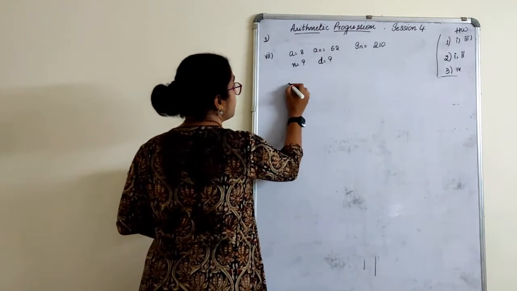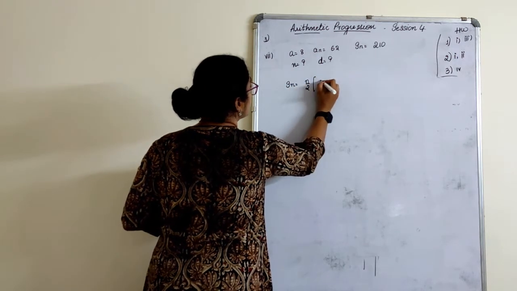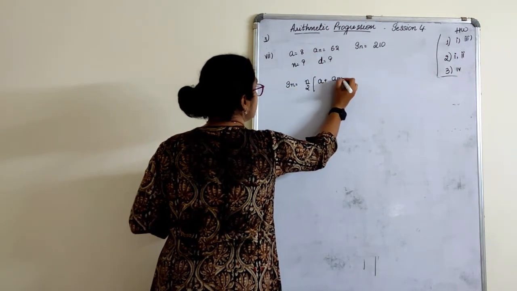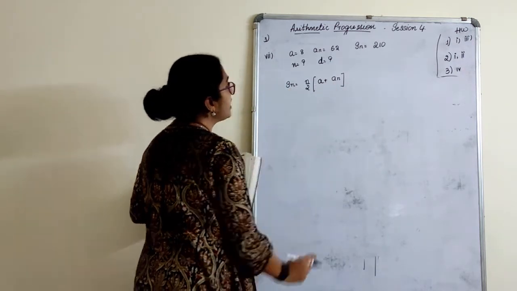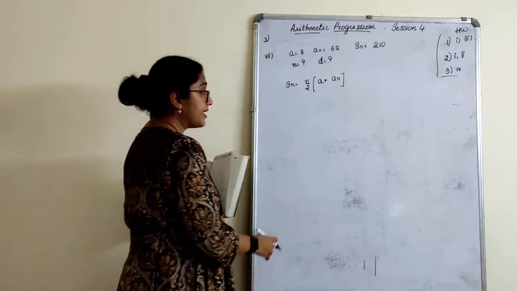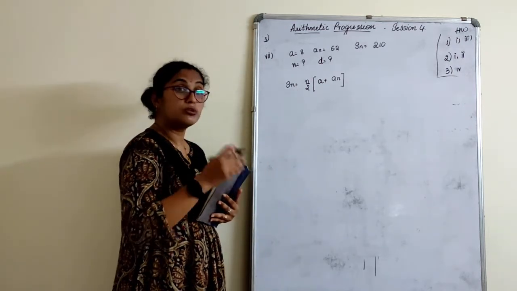Can I apply this formula? Sn is equal to n by 2 into a plus an. Yes? Do we know everything? I know Sn, I know a, I know an. So can we find n with this? We can find. That is what I told you, children. Even though the given things are there, you should know how to apply the formula.